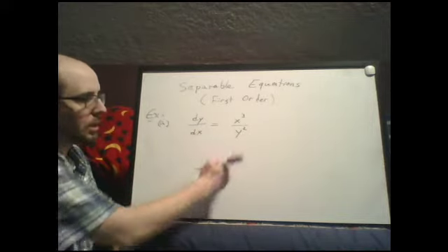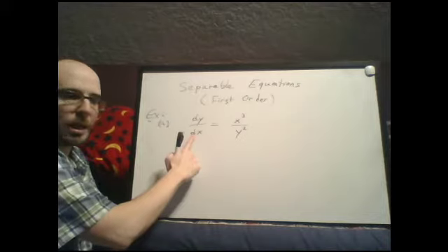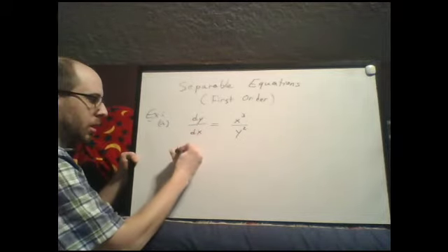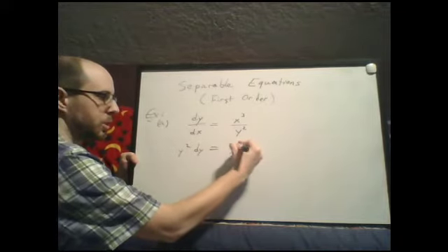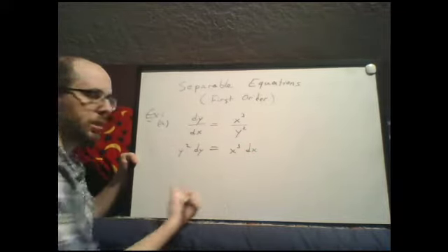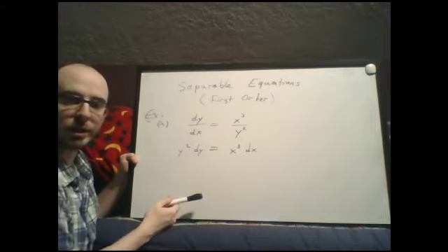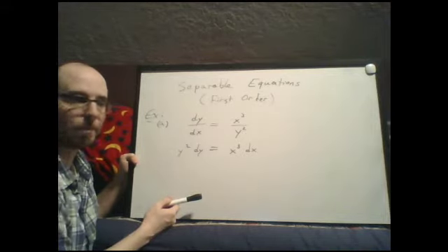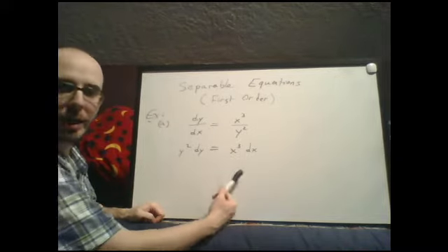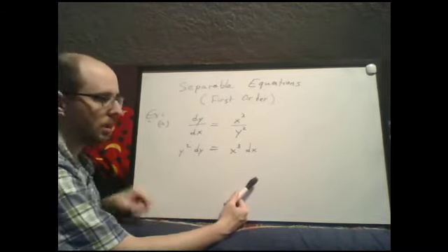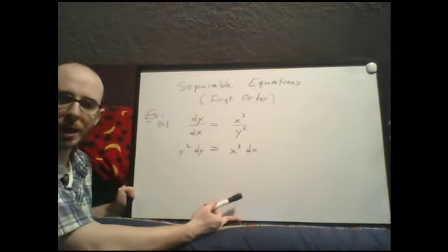So in this case, I can multiply both sides by y squared and both sides by dx, and I get the equation y squared dy equals x cubed dx. So now I have this equation involving differentials. A y expression times dy and an x expression times dx. So I've completely separated my variables onto either side.